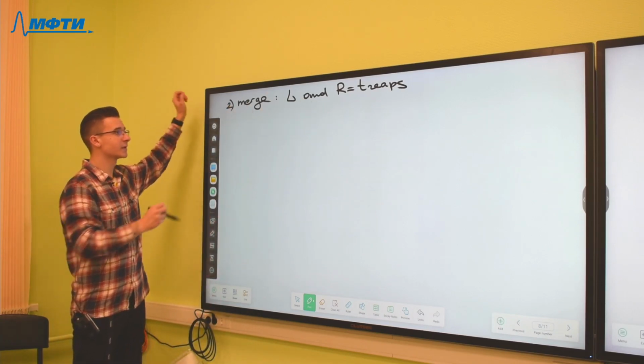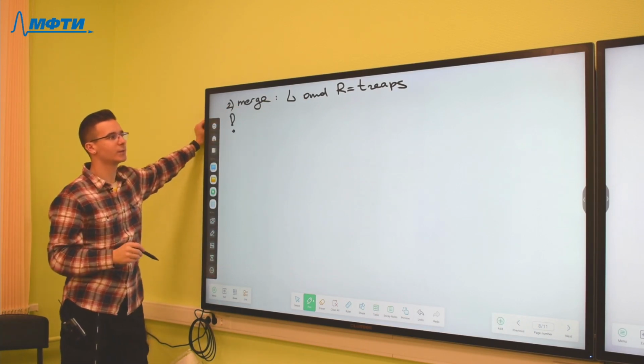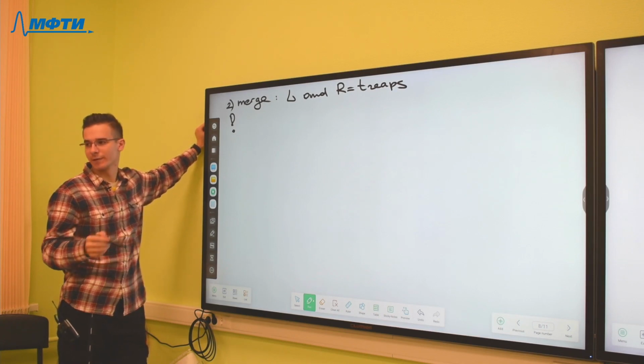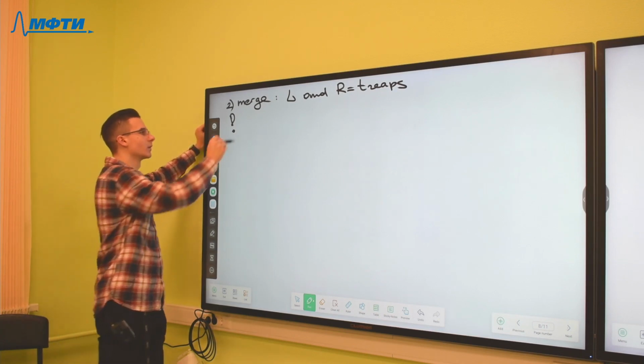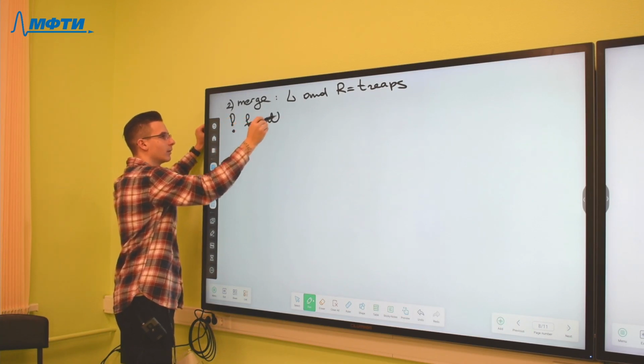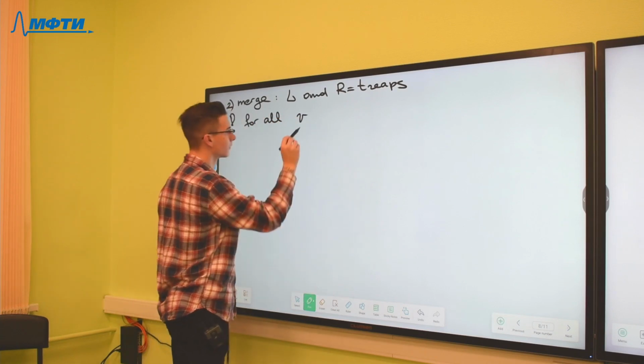We say that initially all the priority numbers in one treap will be less than in the other treap.